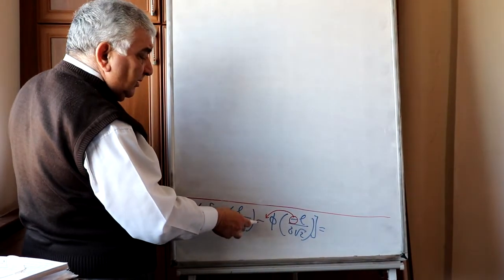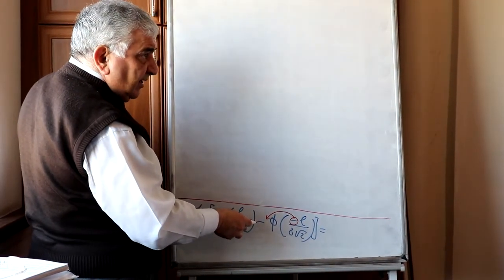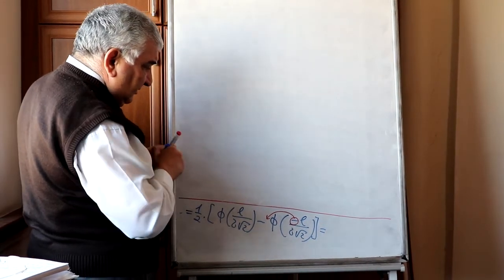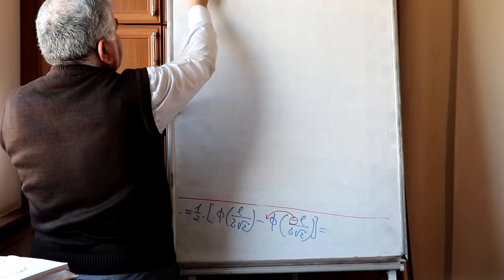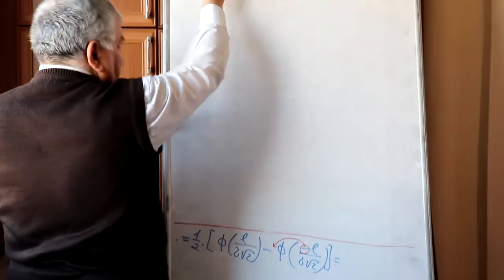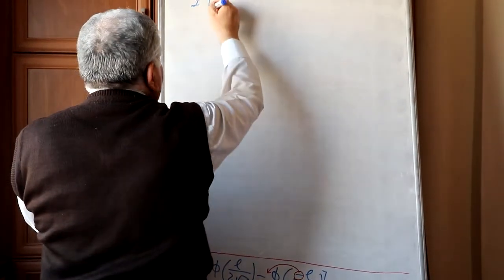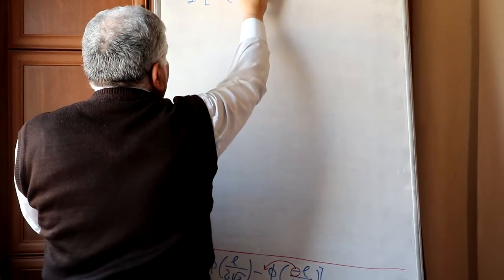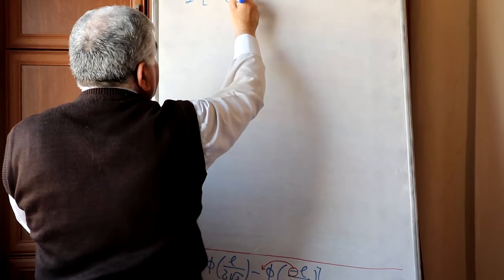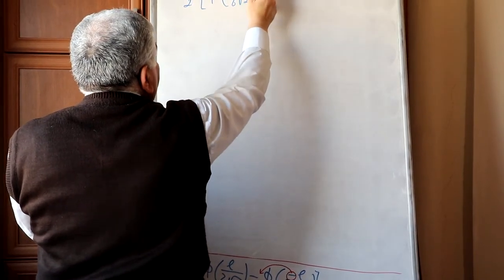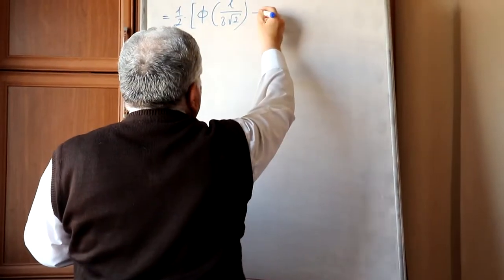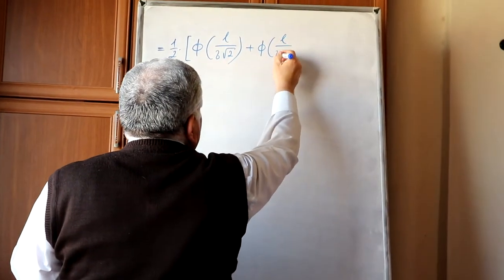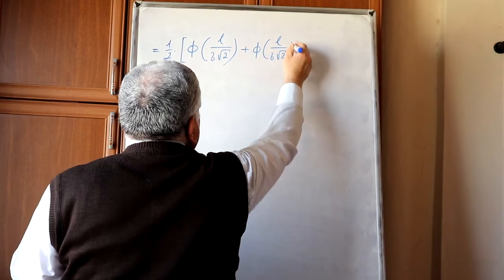And here minus will give plus, equals 1 second multiplied by phi of L over sigma square root of 2 plus phi of L over sigma square root of 2.